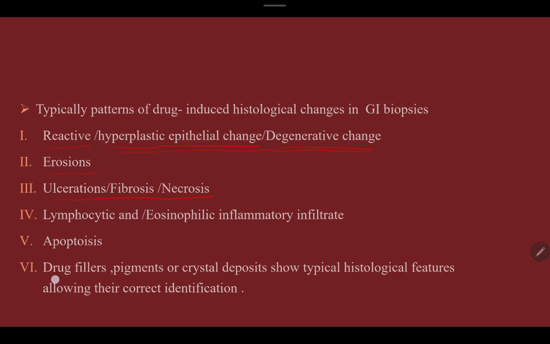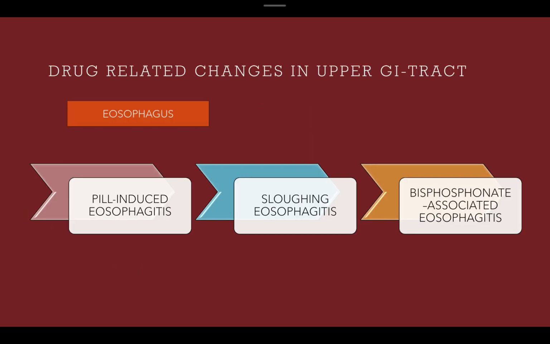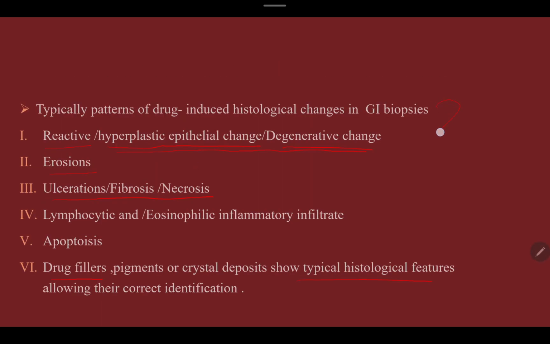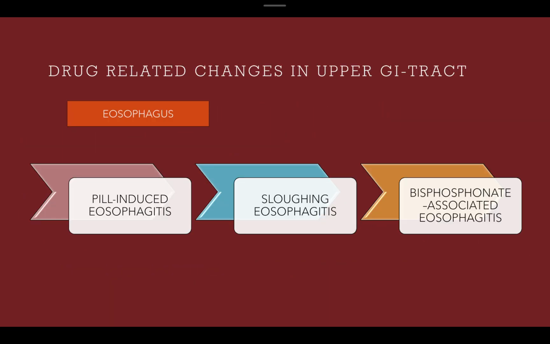Then there are drug fillers: certain components of the drug, certain pigments and crystals, will deposit and cause histological changes. So these are the typical patterns that we see. We should be able to identify the different drugs and the different patterns of injury caused by each drug.